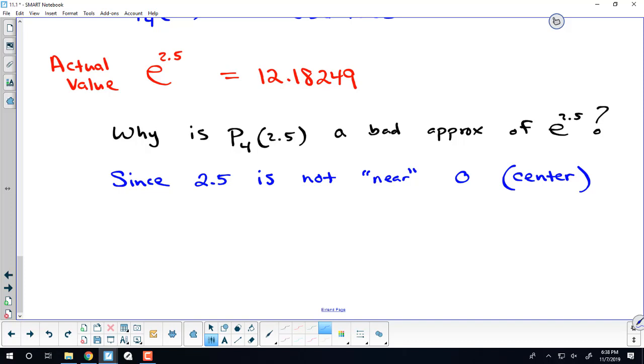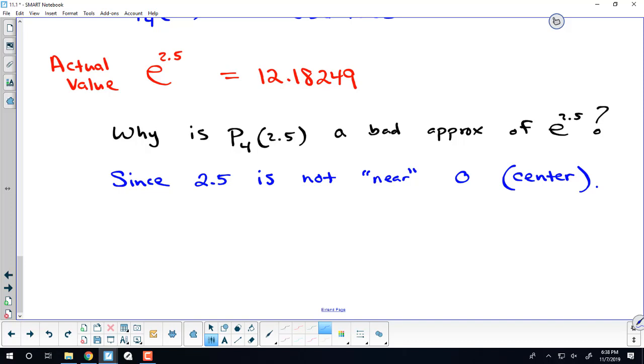What constitutes near? Yeah, we don't know. It's ambiguous. There is an error bound on using Taylor polynomials. We don't really do much with it. We can talk about, you know, like if I use this fourth degree polynomial to approximate e to some value, how much would I be off?